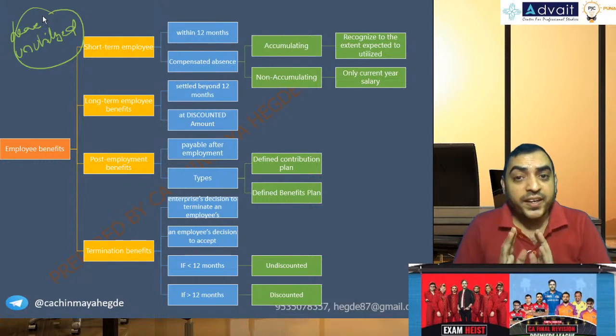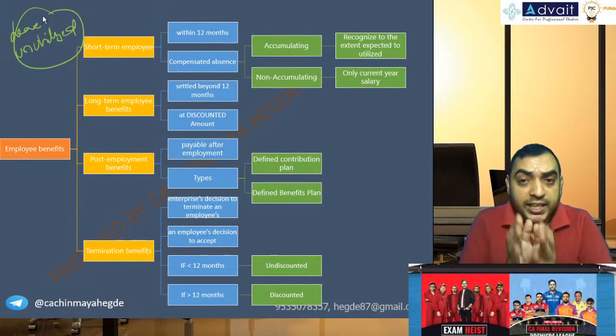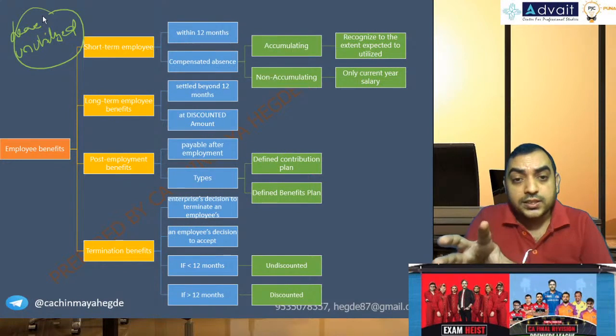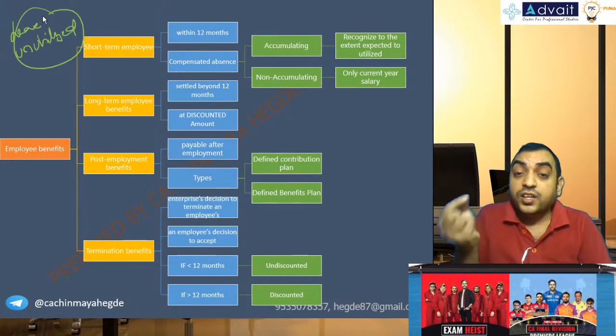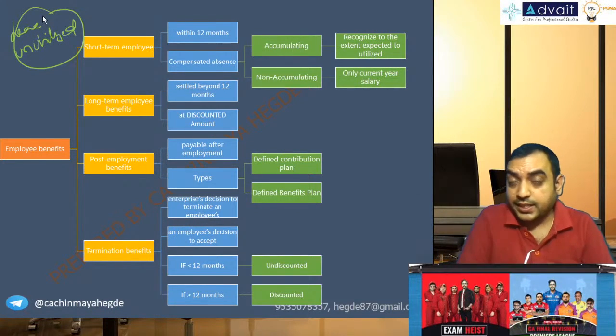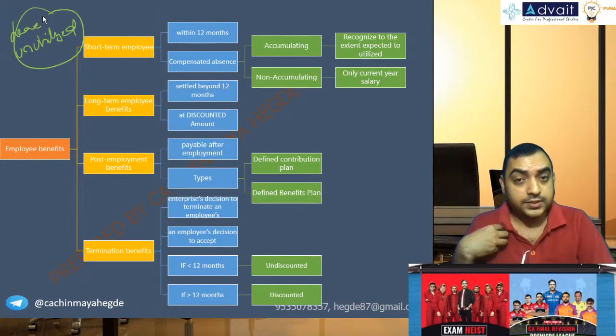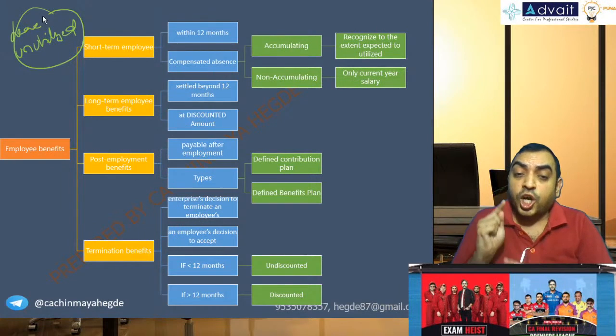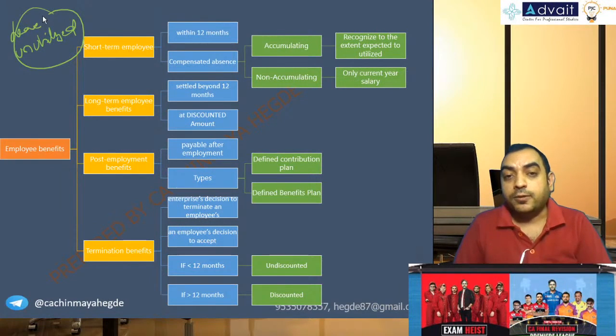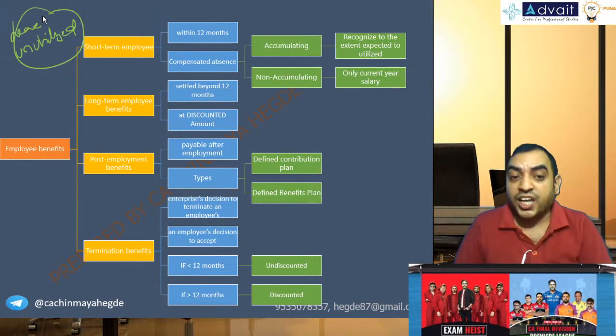Are you getting this point? For the leave unutilized, that means the employee worked. In that case, the employer got the benefit of the work, but did not make the payment to the employee. When will the payment be made? In later years, leave encashment, accumulating.